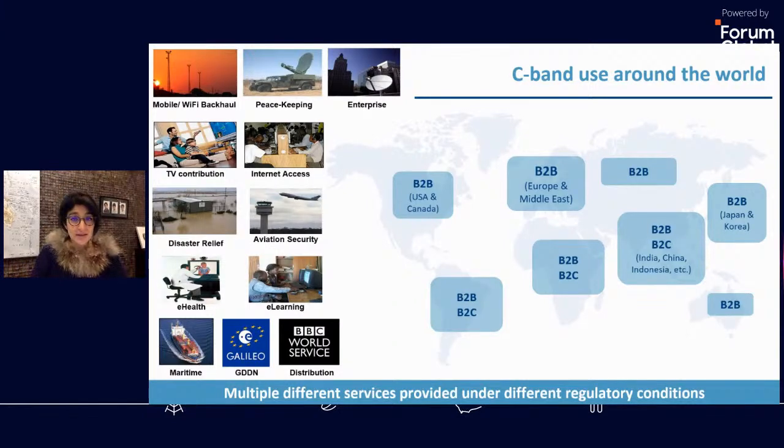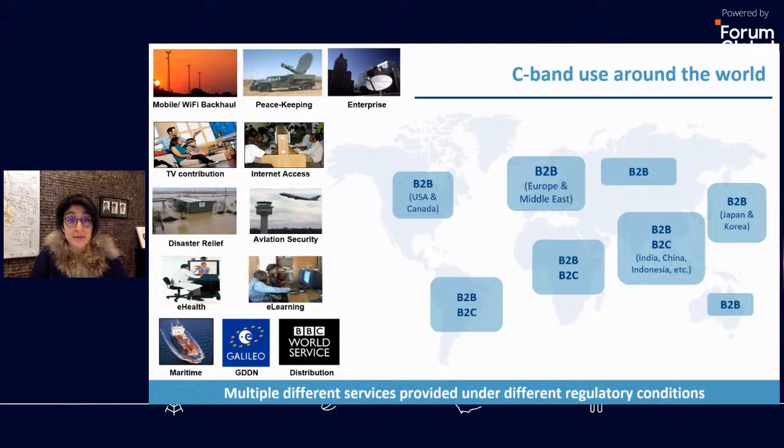C-band usage is extensive around the world, either in business-to-business form or business-to-consumer. And in different parts of the world, the satellite operators are operating under different regulatory conditions. They provide really a wealth of services, from the everyday, in terms of internet access, TV broadcasting and distribution, mobile and Wi-Fi backhaul, to the critical.